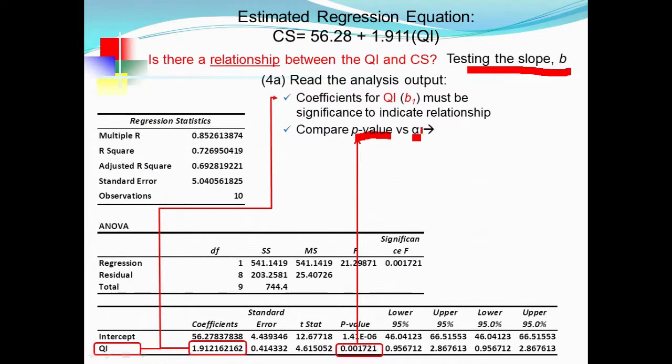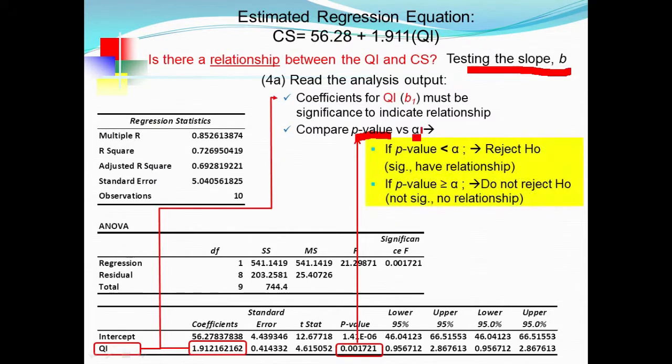We compare with alpha. So we have to know the decision rule. This is the decision rule. If p value is less than alpha, we reject the null hypothesis. If p value is greater than or equal to alpha, we do not reject the null hypothesis.